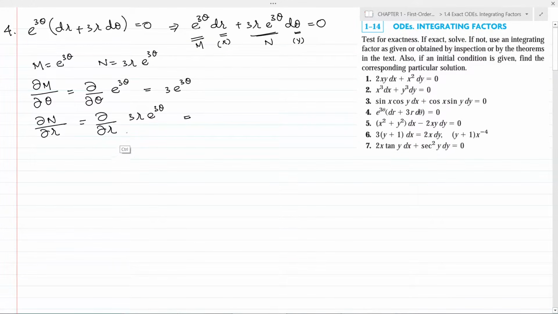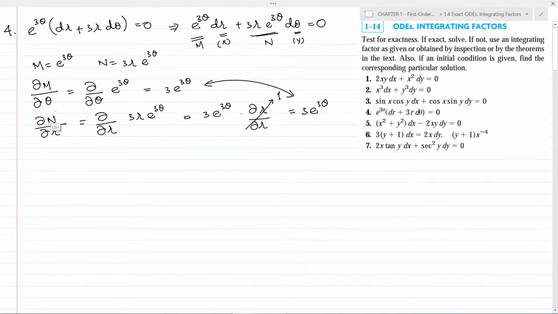In this differentiation, theta is a constant, so we write 3 e to the power 3 theta multiplied by del r by del r, which is 1. So this is equal to 3 e to the power 3 theta, and these two are equal.